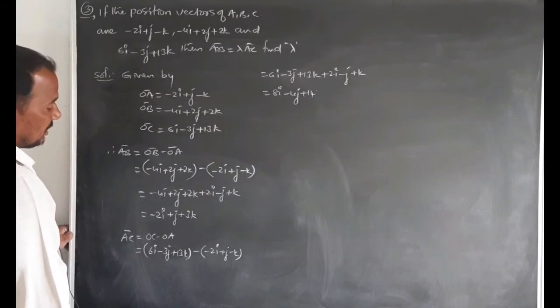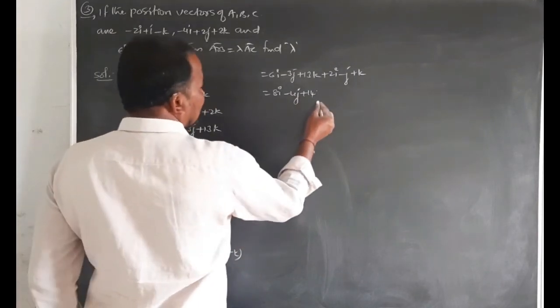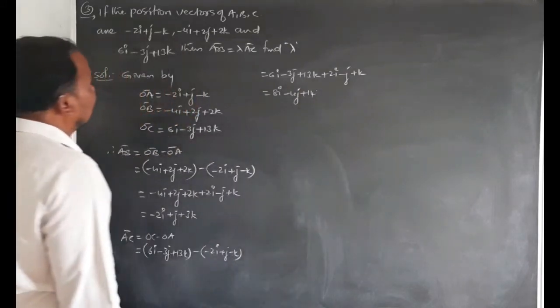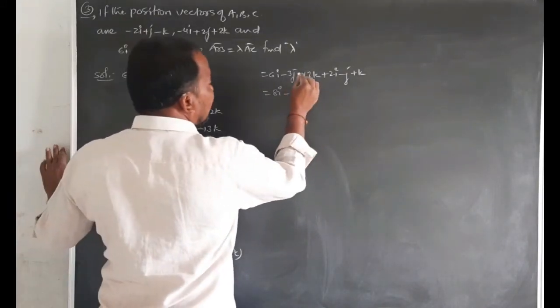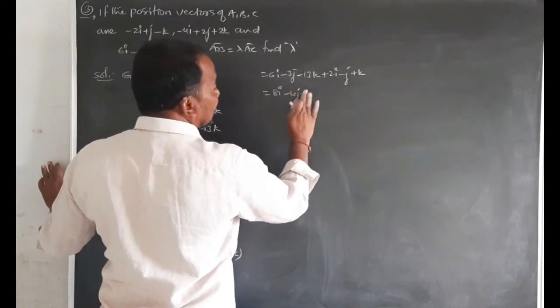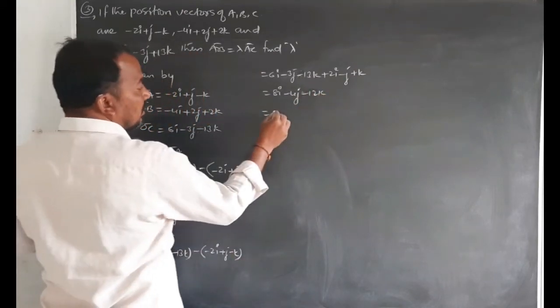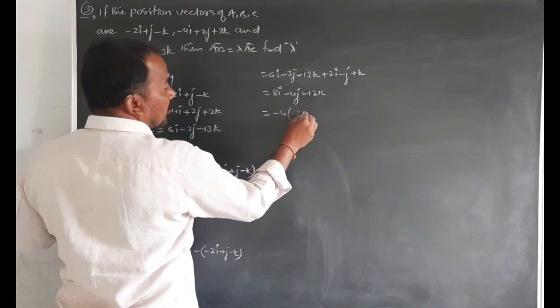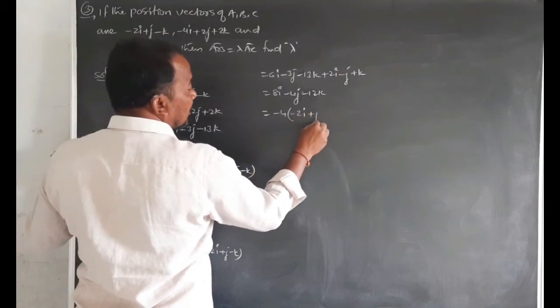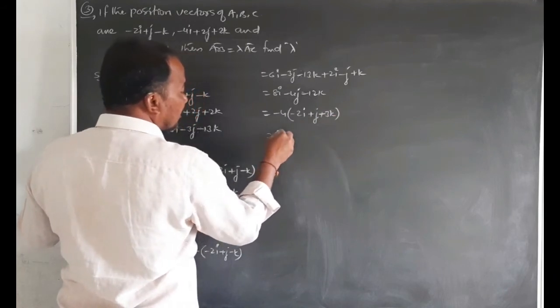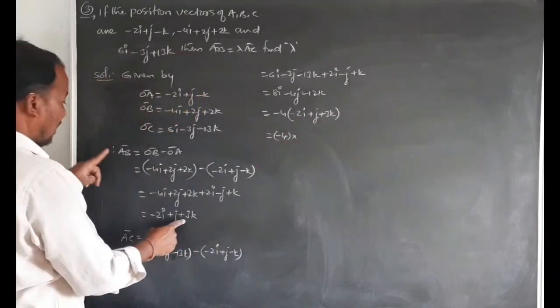Taking the common factor, minus 4 into 2i plus j plus 3k equals AB.